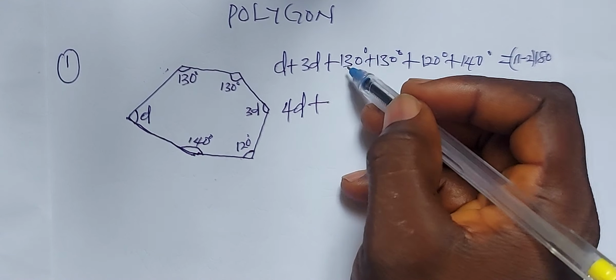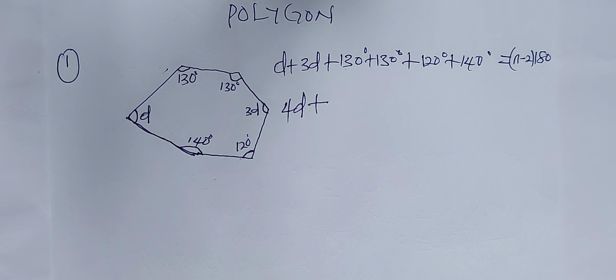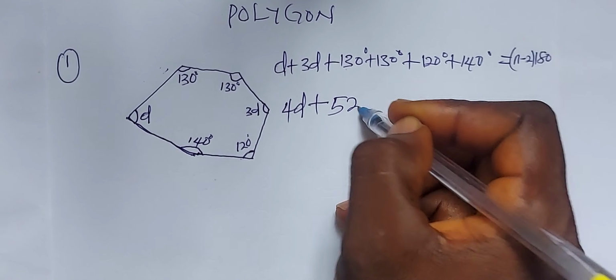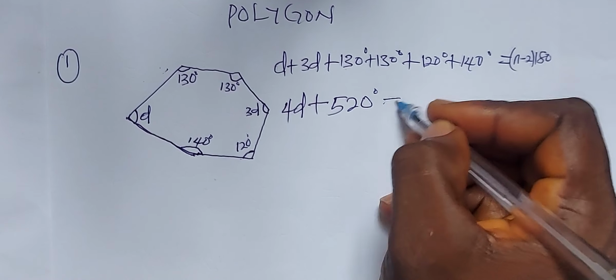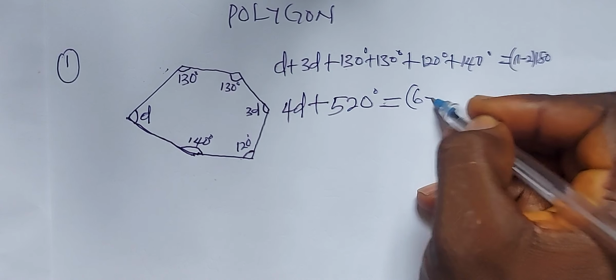So once we calculate this together, we have D plus 3D, which is 4D, plus 130 plus 130 plus 120 plus 140. What do we arrive at? 130 plus 130 plus 120 plus 140 gives us 520 degrees. Okay, that equals, our n now is 6 minus 2.